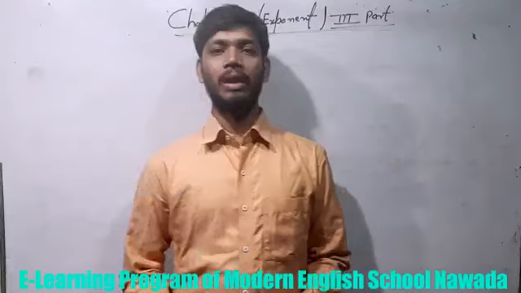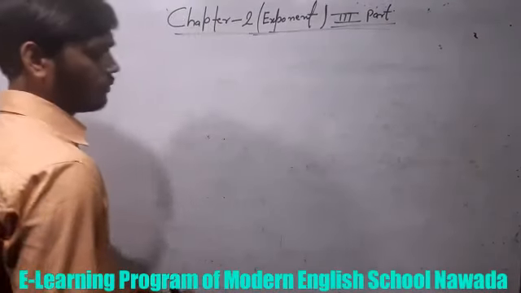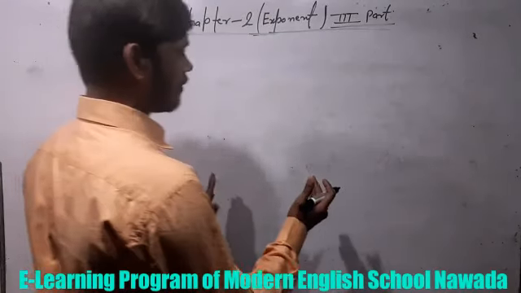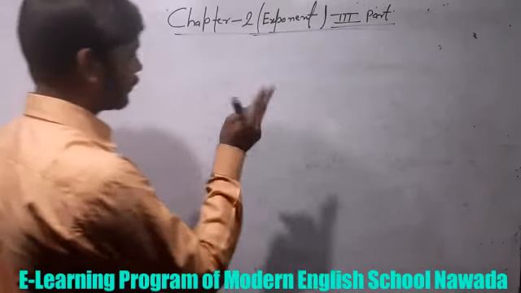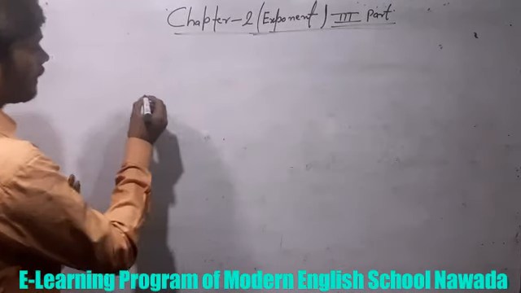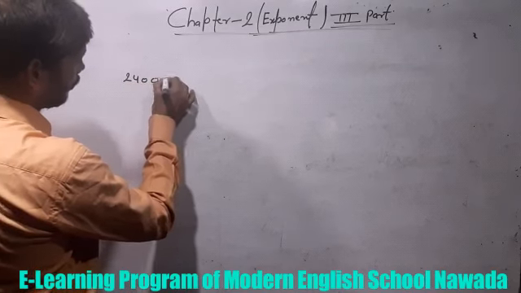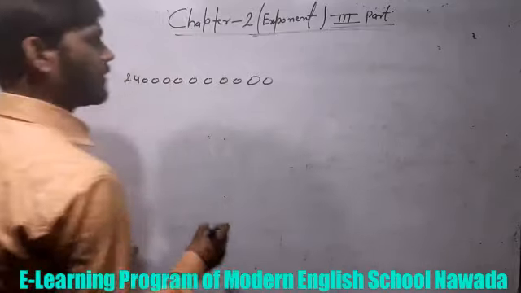Now know that when the point comes from right to left, we take the power. Here is an example: 2, 4, 0, 0, 0, 0, 0, 0, 0, 0, 0, 0.